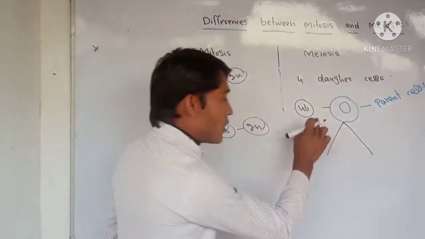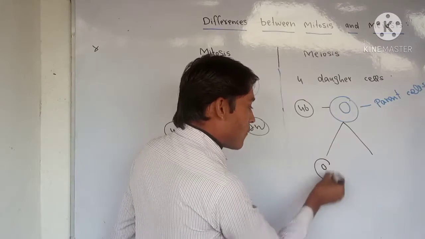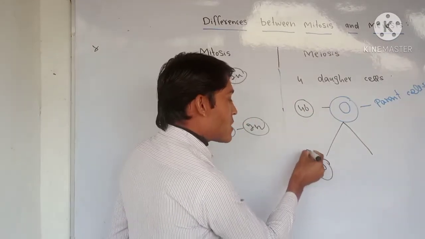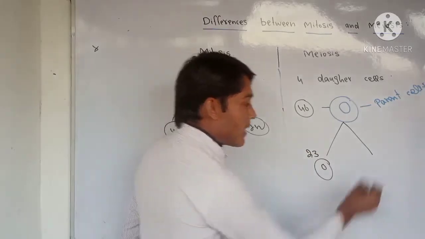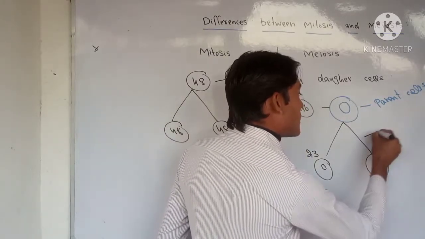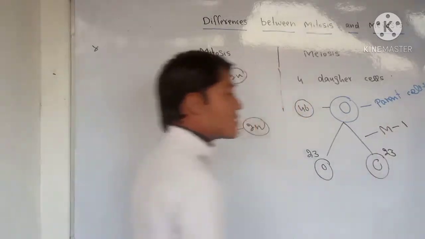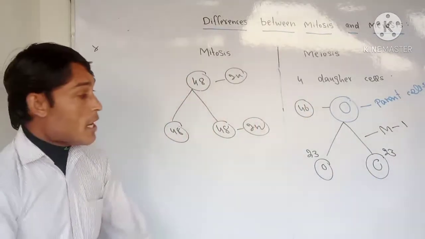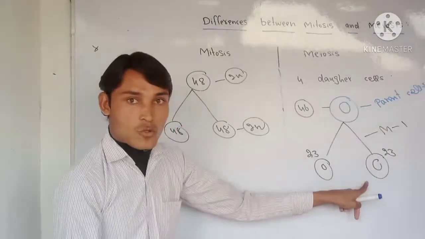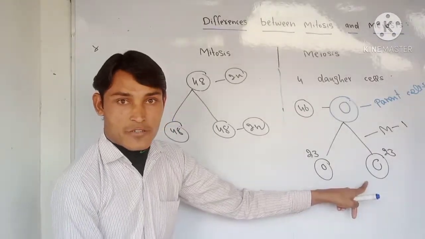Here we have 46, so it divides into 2, and each daughter receives 23 chromosomes. This is called meiosis 1. And due to receiving half the number of chromosomes, meiosis is called reduction division.